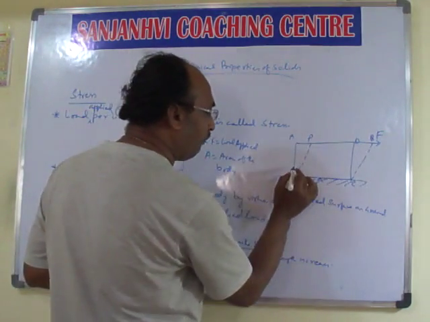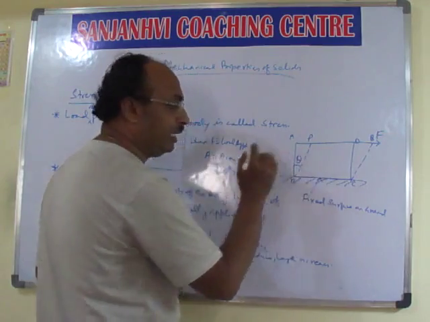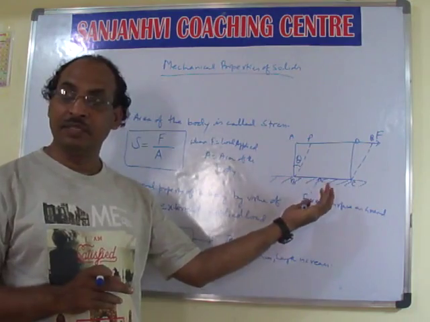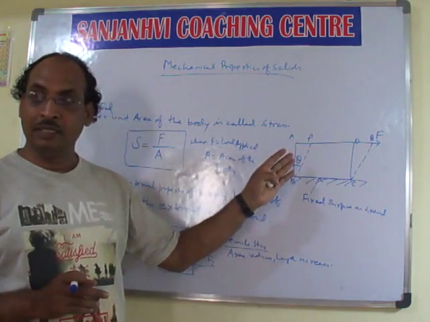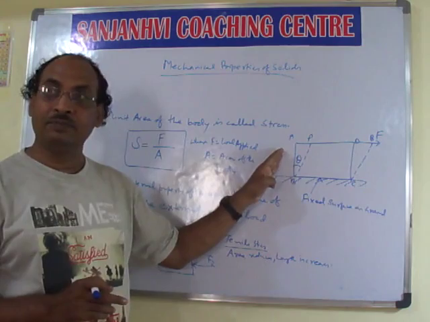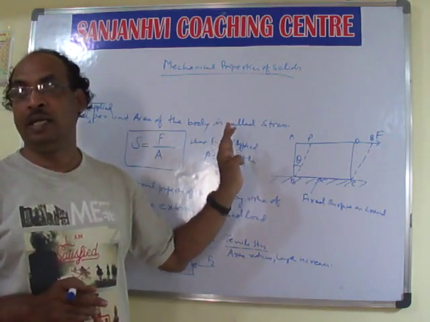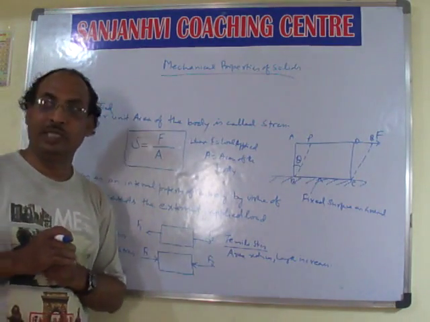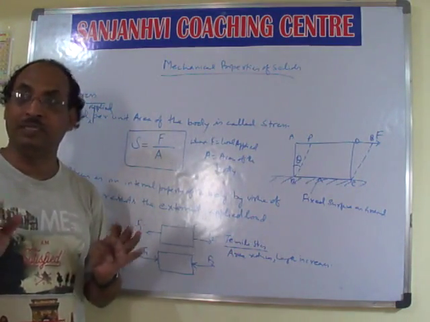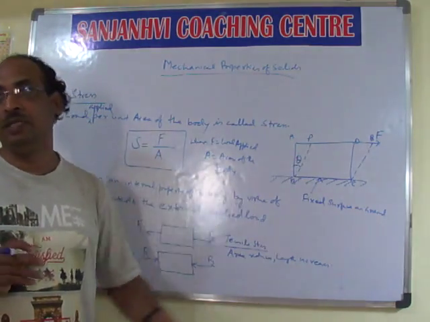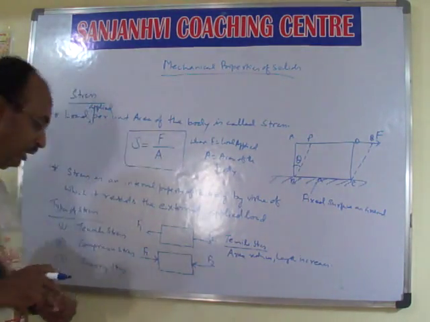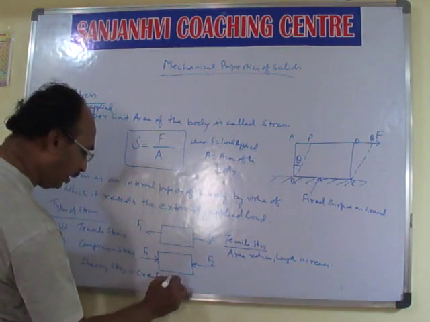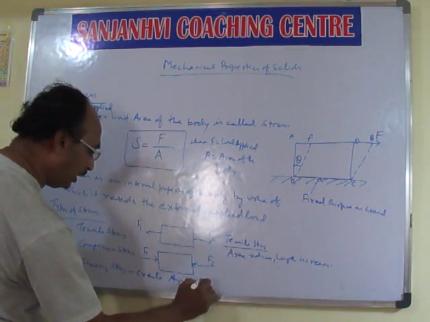This particular surface has shifted itself at an angle of theta. Correct or not? Because this particular surface was fixed, this type of stress will be called shearing stress, where angular displacement takes place. In system of particles and rotational motion, we already studied angular displacement theta. So here angular displacement takes place. Correct? So this will create angular displacement.